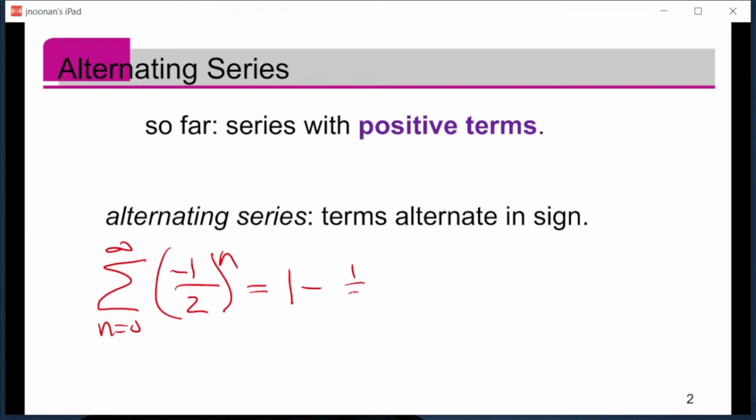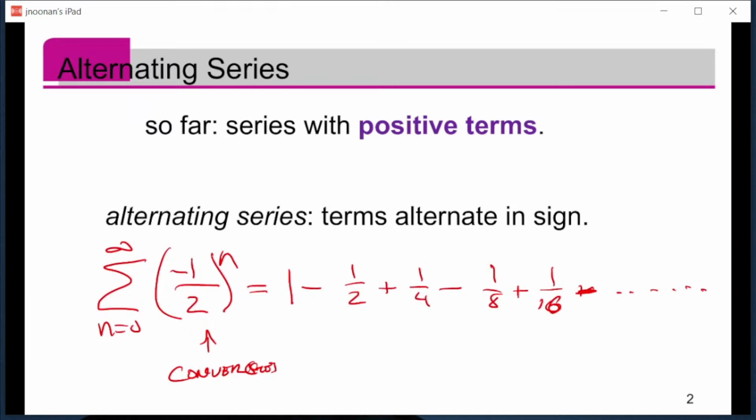So 1 minus 1/2 plus 1/4 minus 1/8 plus 1/16 minus etc., etc. So that's an alternating series. It alternates positive, negative, positive, negative. This particular series is geometric, so I know the sum. This one converges because it is geometric. But in general, not all alternating series are series that we are familiar with.